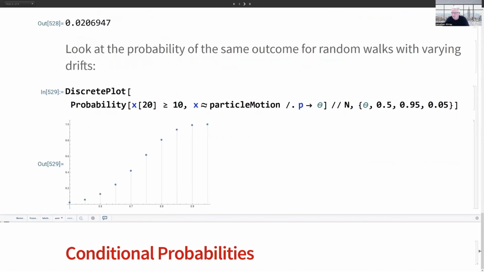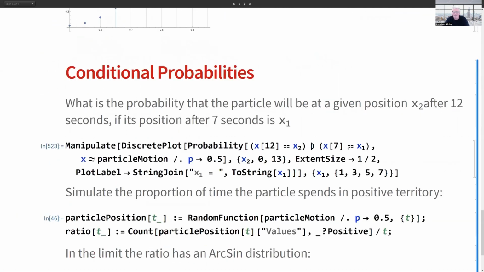It also means that we can ask more complicated questions, such as the following. Supposing after a certain number of seconds, 7 seconds, the process is at position x1. What's the probability that it will reach a position x2 after a further 5 seconds, when t equals 12? So we formulate that question as follows.